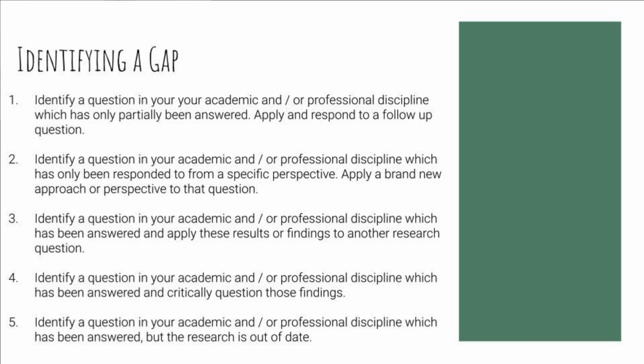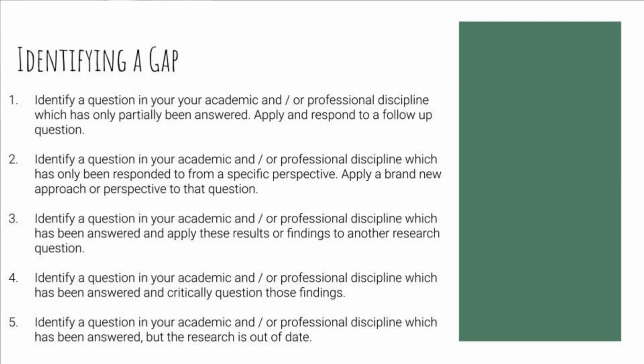How do these advertisement strategies affect millennials versus Gen Zers? Next, identify a question in your academic and or professional discipline which has already been answered and apply these results or findings to another research question. We'll talk about that after.